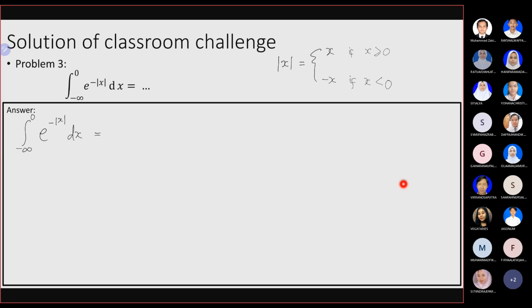So in this case, this is equal to the integral from minus infinity to 0 of e power minus of minus x dx. So here is the integral from minus infinity to 0 of e power x dx.